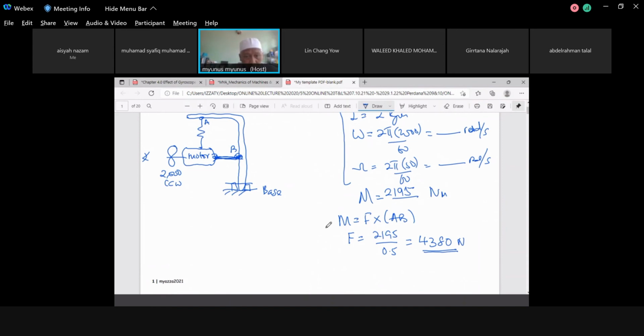So now we are focusing on the gyroscopic vector diagram. If you look at one point rotating clockwise, and rotating counterclockwise, it will be pointing the other way.